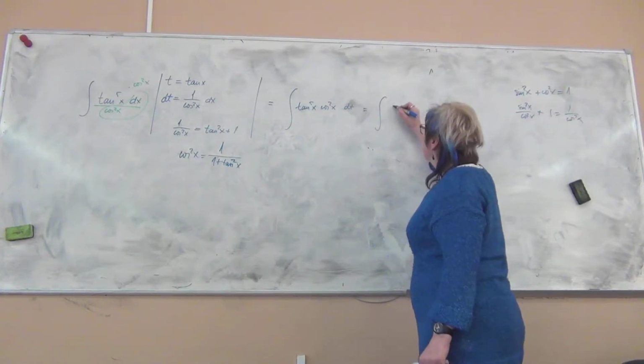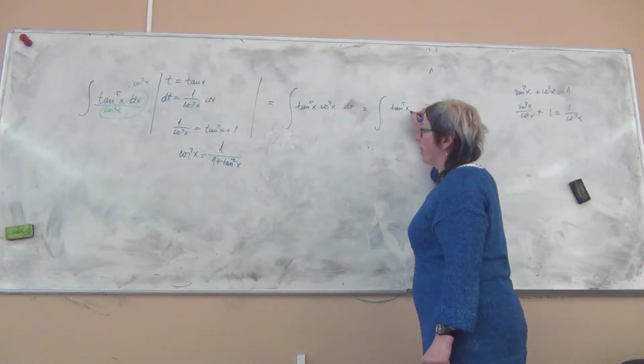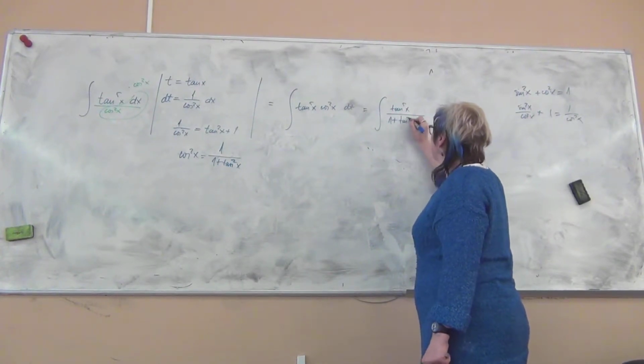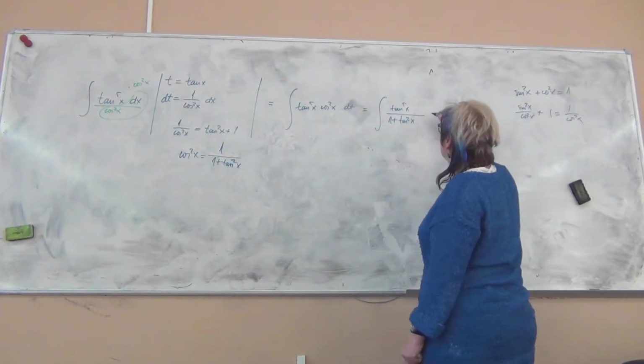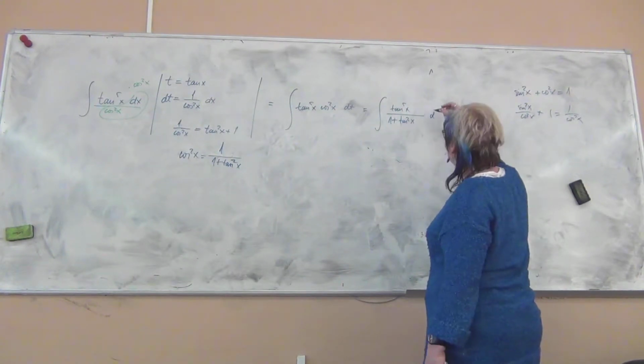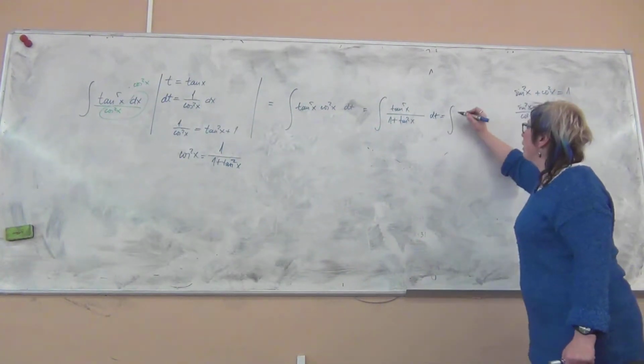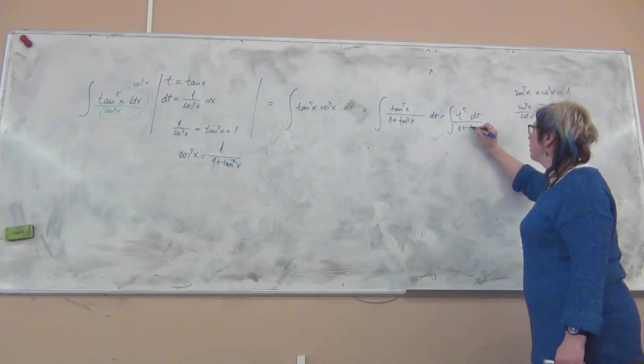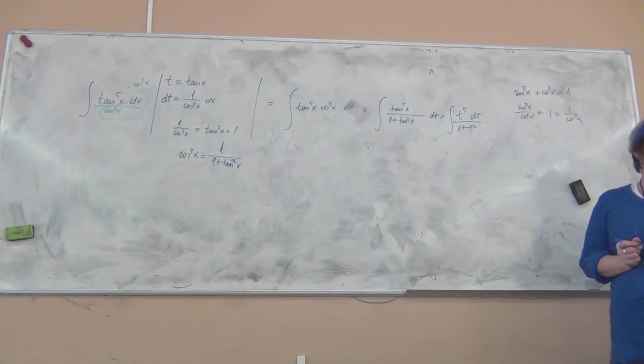So I can rewrite this as tangent to the fifth of x divided by 1 plus tangent squared x, and this is already dt. So what I have is t to the fifth dt over 1 plus t squared.